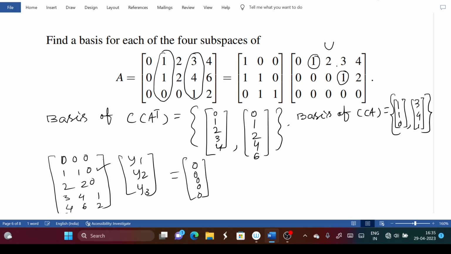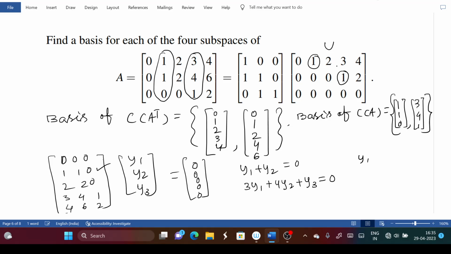I want to find out y1, y2. So from the second equation what did I get? y1 plus y2 is equal to 0. And from the third equation it is 3y1 plus 4y2 plus y3 is equal to 0.